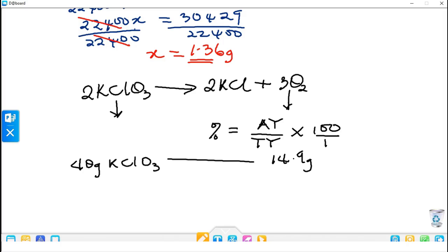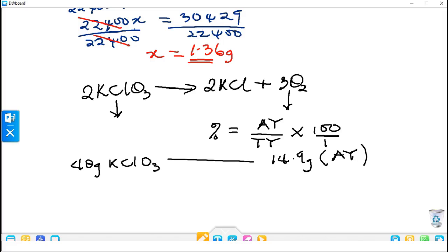This 14.9 grams of oxygen is the experimental yield, which is also known as the AY, actual yield. That is to say, this experiment has been done somewhere. We were not there, but it has been done in the lab, and it was concluded that 14.9 grams of oxygen was produced from 40 grams of potassium chlorate.